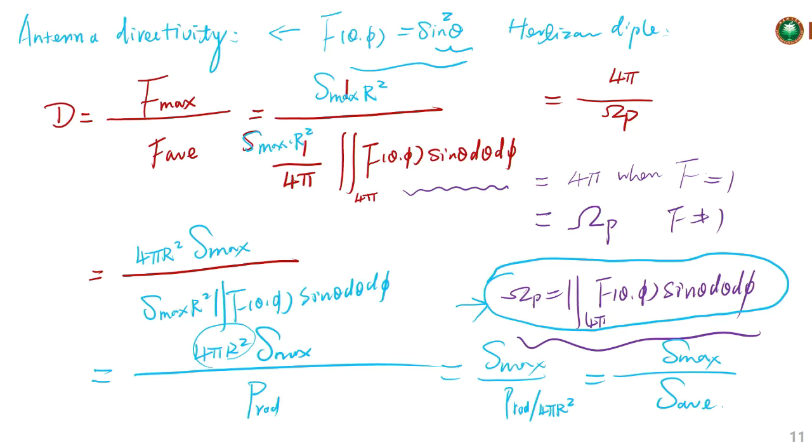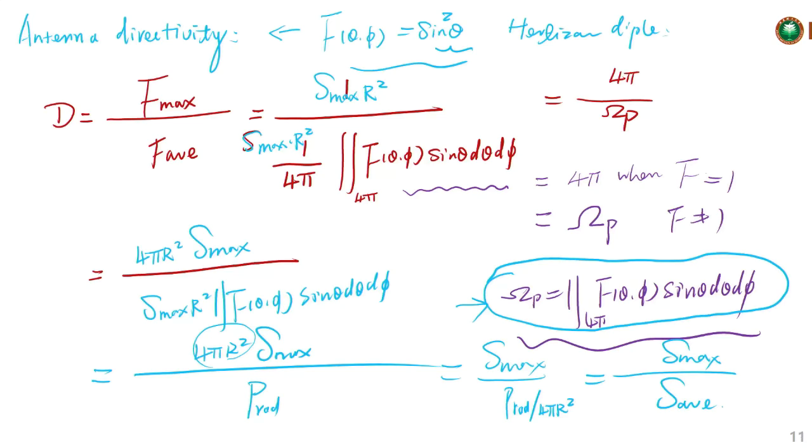Now what we want to show is the antenna gain. For antenna gain, as we mentioned, what we usually use is G. So here we see that the directivity is expressed by this equation.